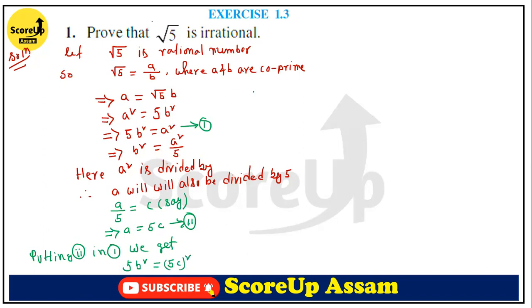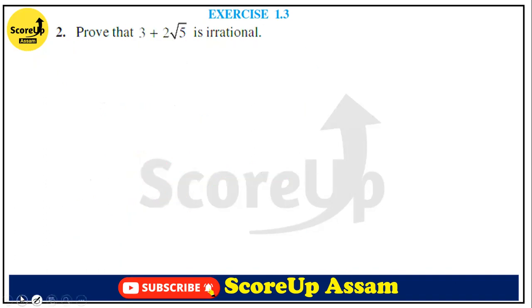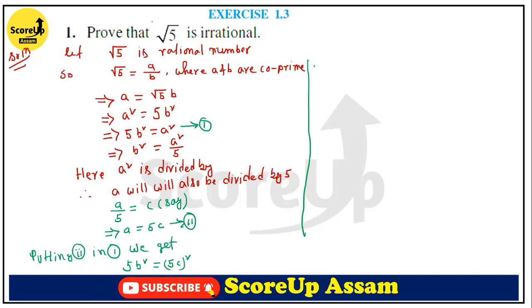So ultimately we will get 5b square is equal to 25c square. So here it will be b square is equal to 5c square.